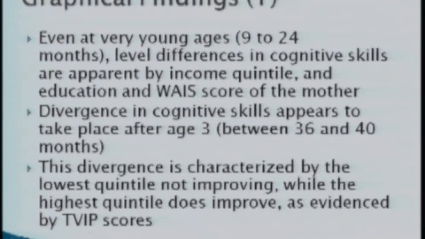In regard to maternal schooling. So, you know, these graphical findings, just describing the data, suggest that, certainly for cognitive skills, even at very young ages, there appear to be some associations that are pretty strong by income quintile and by education and maternal achievement scores.